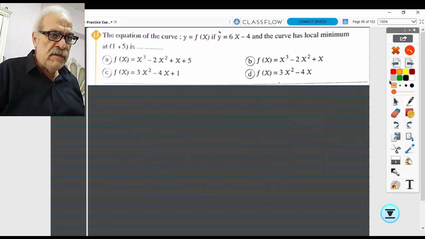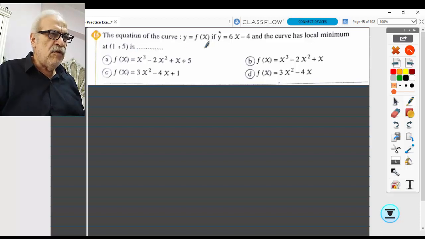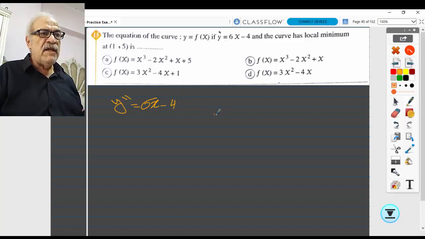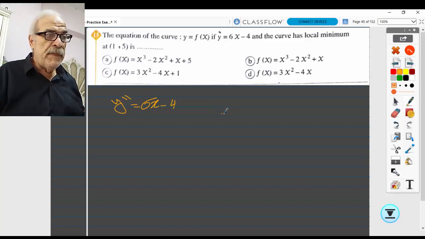Question number 15. The equation of the curve is y equals f of x. If y double dash, this is a given, y double dash equals 6x minus 4. And the curve has a local minimum value at (1, 5).